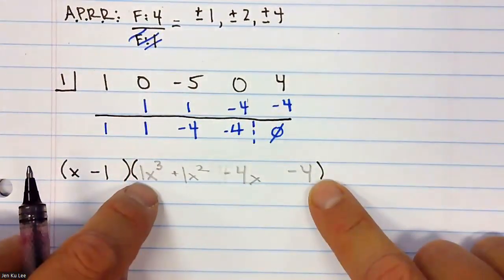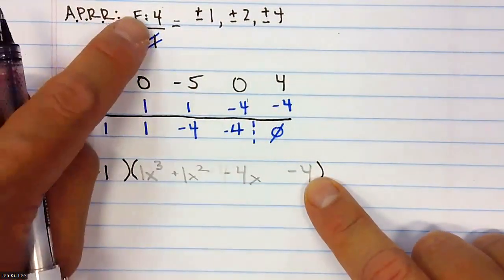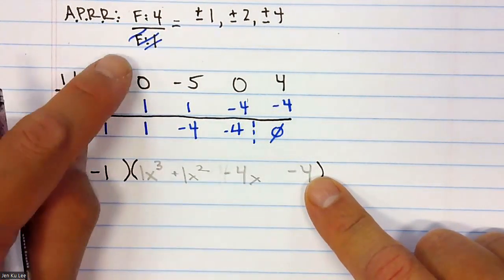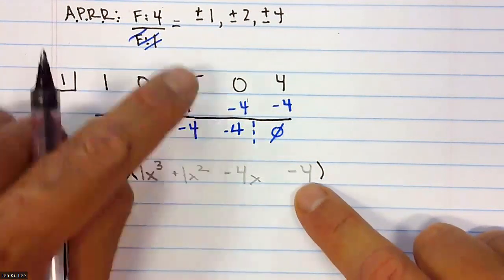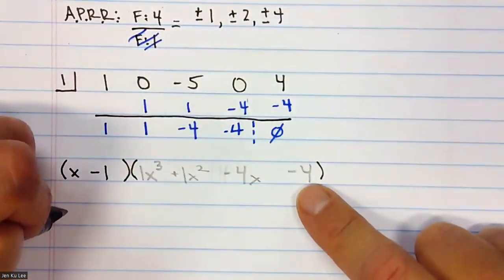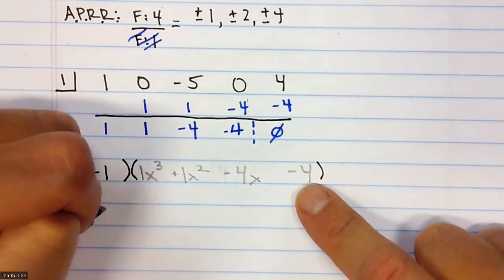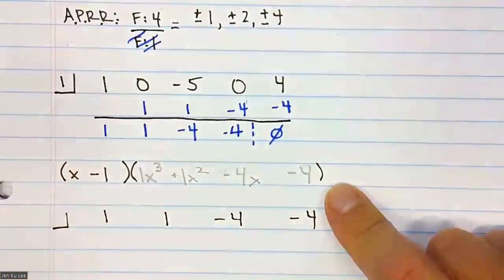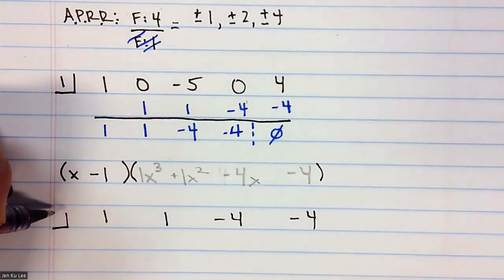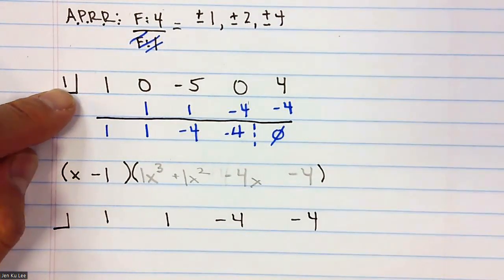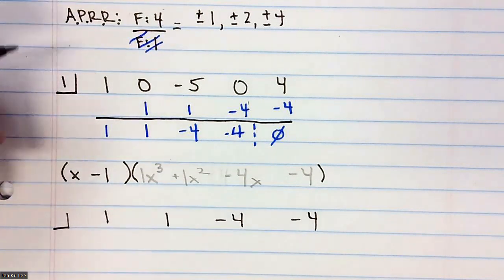But since they're the same, the factors of 4 are the same, and 1 would still be the factors of 1. You could just use this list. So from here, I would go 1, 1, -4, -4. You could test out 1 again if you wanted to, but the chances are greater it's going to be something different.